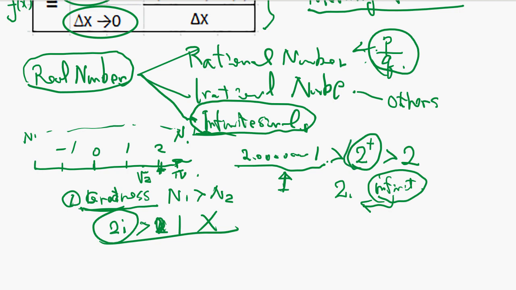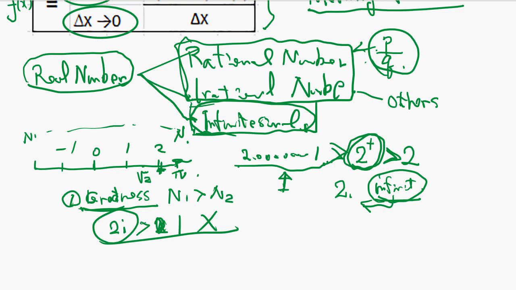Rational and irrational numbers don't need the infinite concept, but if you bring in infinity, suddenly the real numbers have another new number called the infinitesimal number.